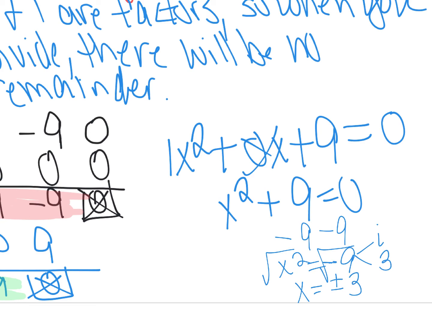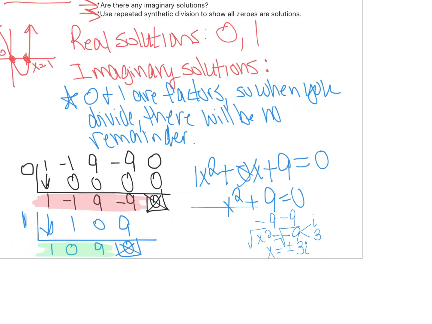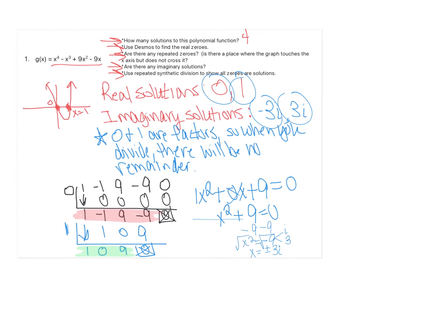So we'd have plus or minus 3i. So our other two solutions, our imaginary solutions up here, are going to be -3i and +3i. So now we have 1, 2, 3, 4 solutions, which is what we were looking for.